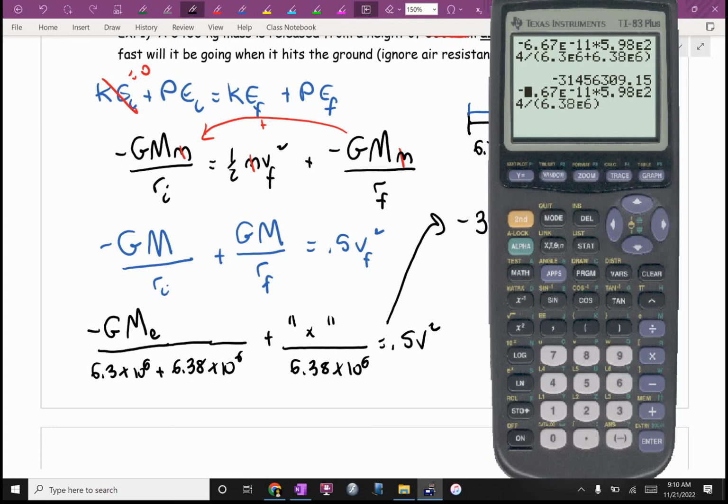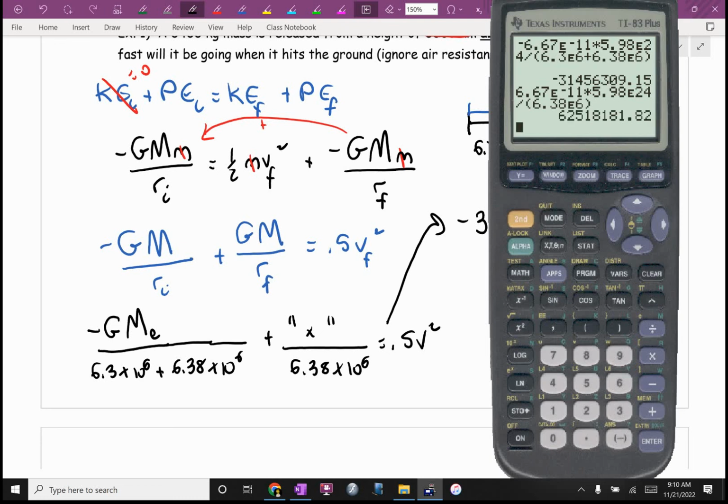Oh, and delete the negative. Is that right, Lily? I think on the TIs, second function equals brings back the previous line, or maybe up arrow, I can't remember. So as long as I type in the first fraction very carefully, the odds are I'm not going to make a typo on the second fraction, Zaina.